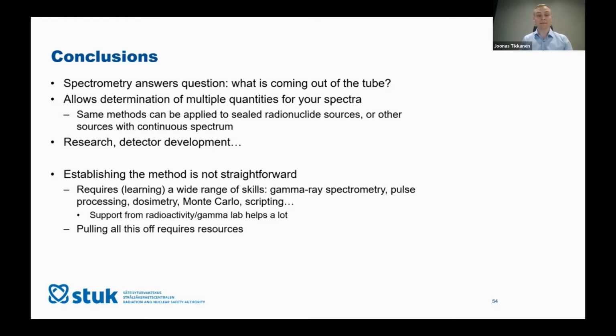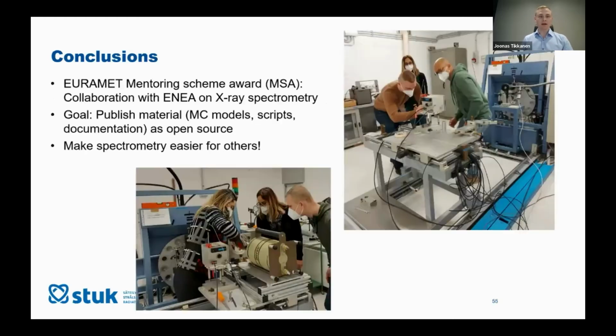Pulling all this off requires a lot of resources, although if you have someone from a radioactivity or gamma lab that can help you, it helps quite a lot to have someone familiar with different spectrometers and spectrometry. But there is now an ongoing collaboration between STUK and ENEA, the primary standard dosimetry lab of Italy, to re-establish this spectrometry method at ENEA.